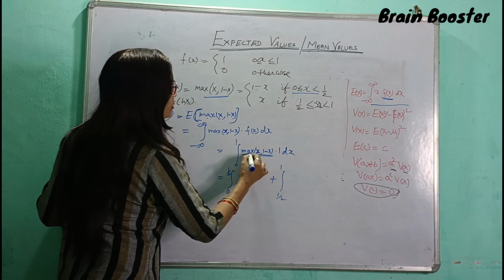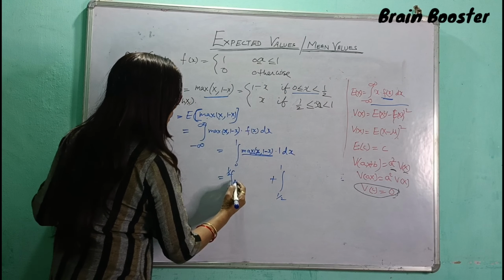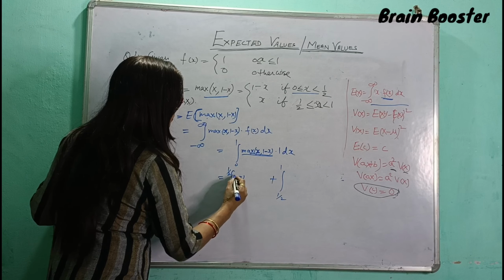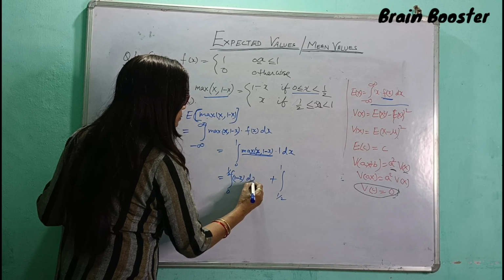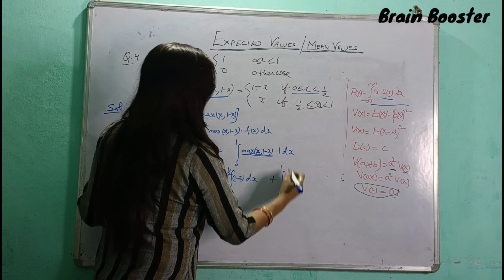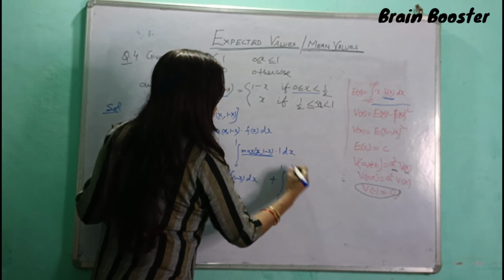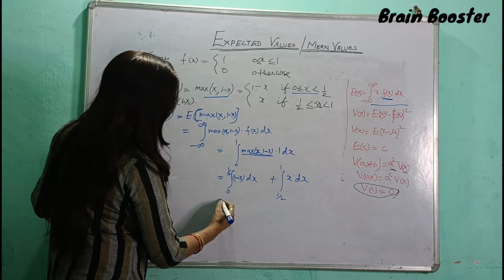Between 0 and half it is 1 minus x into 1 dx, and between half and 1 it is x into 1 dx. Now take integration of this.